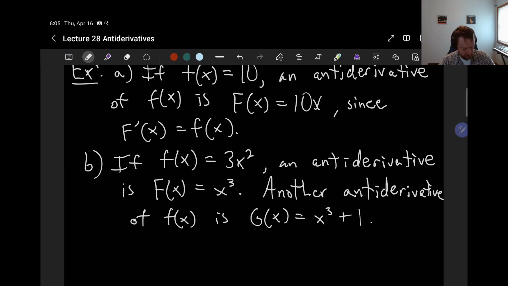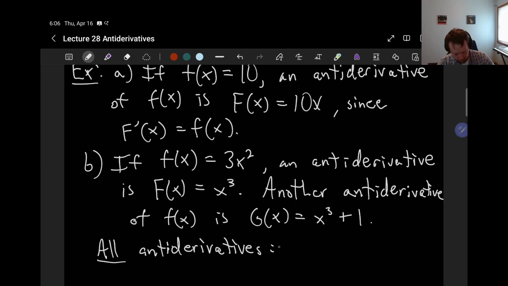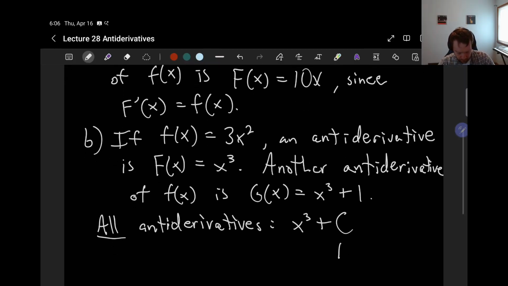So the way I would put it to describe all antiderivatives would be x cubed plus C, capital C, where C is any real number.